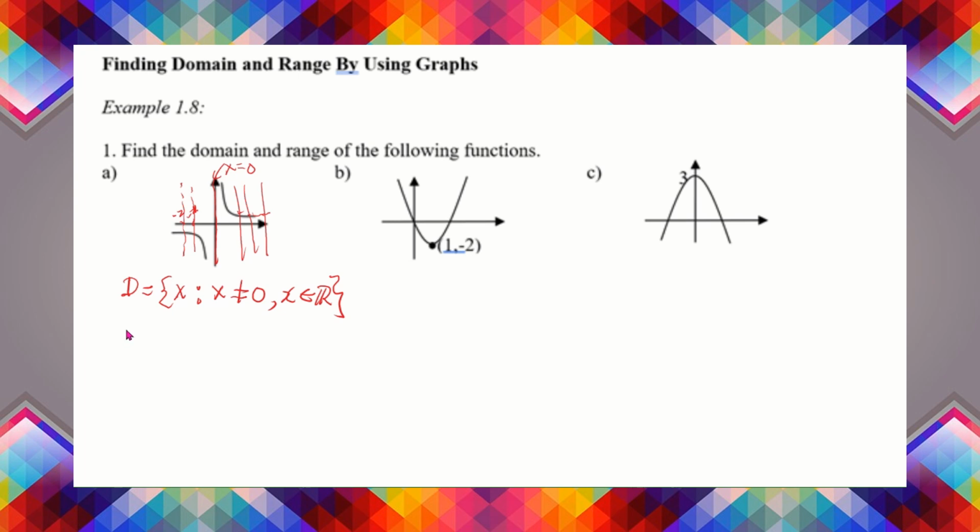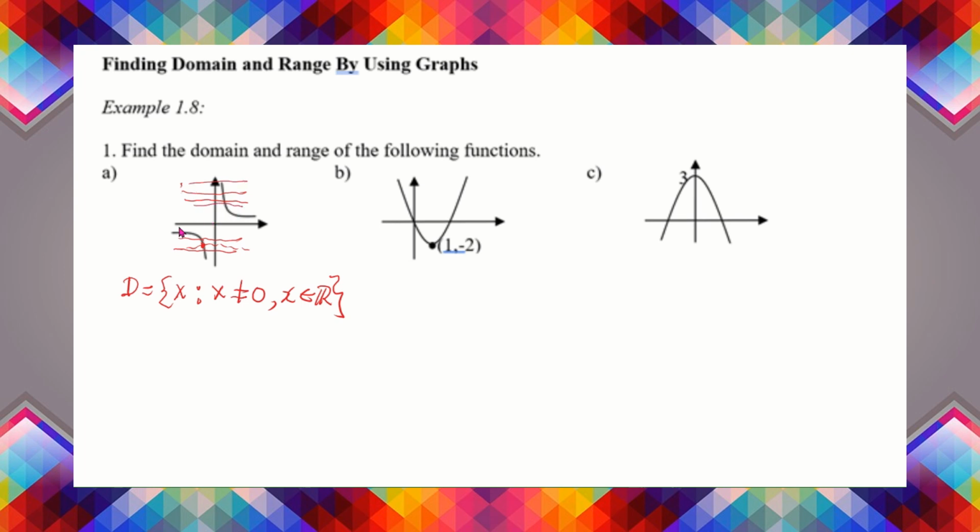As for range, to find the range it is the same thing. You imagine that you draw a horizontal straight line. If you draw a horizontal line somewhere here, it will intersect the curve at a point, so this value of y is accepted as one of the values of the range. Somewhere here is also range.